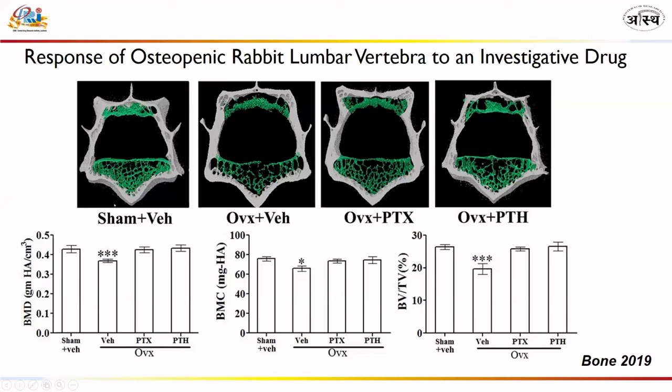At the end of the treatment, this is an example of the fifth lumbar vertebra, and BMD, BMC, and bone volume were all significantly reduced in the ovariectomized animal given vehicle, and pentoxifylline and teriparatide both completely reversed this osteopenia to the level of the estrogen-replete animal, that means the ovary-intact animal, which suggested that the anabolic response of pentoxifylline was comparable to PTH.